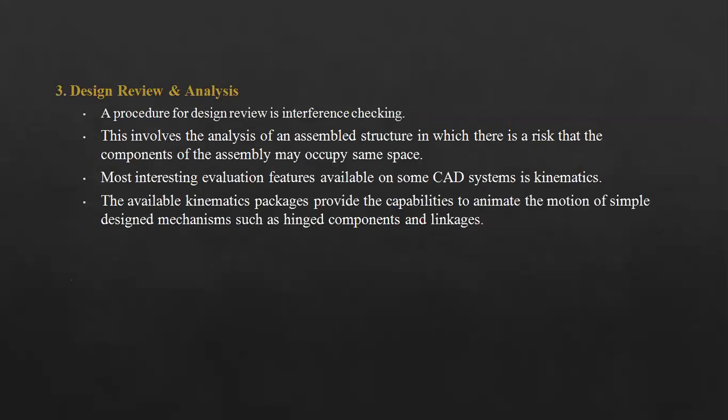The available kinematics packages provide the capabilities to animate the motion of simple design mechanisms such as hinged components and linkages, right? As I said, different mechanisms, hinged components and linkages, to check the velocity that we are getting at some link because of that combination of links. I believe kinematics of machine is over, right?